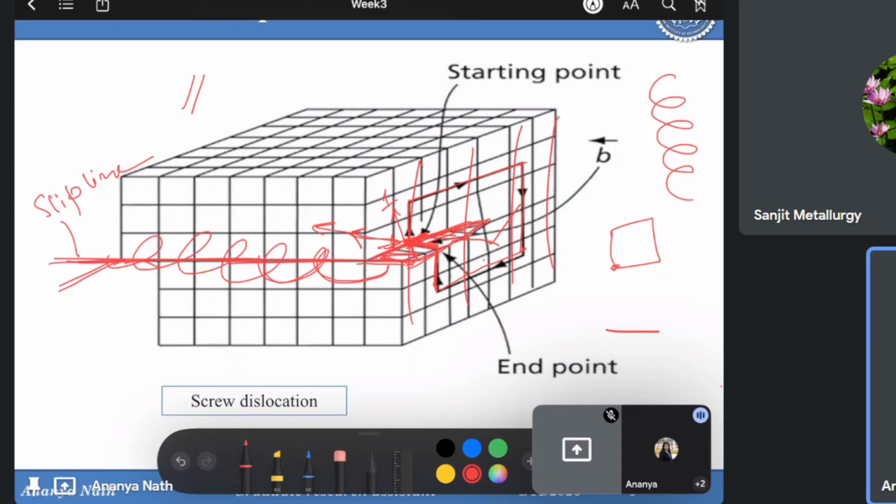You understand what I am trying to say? Ma'am, please repeat once. Okay, I think there is a zigzag, there is a step here now. So you just imagine, if this is one grain, because this is one lattice with a uniform orientation, so this is one grain, and inside this grain, or inside this lattice orientation, if this screw part or this extra half plane is moving, it will be like this plane will be moving.